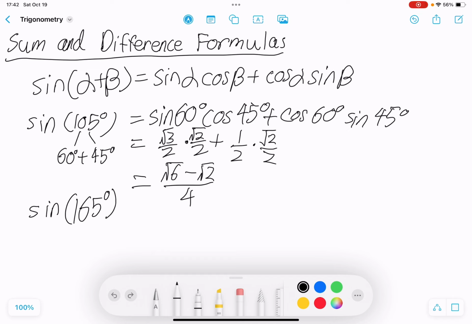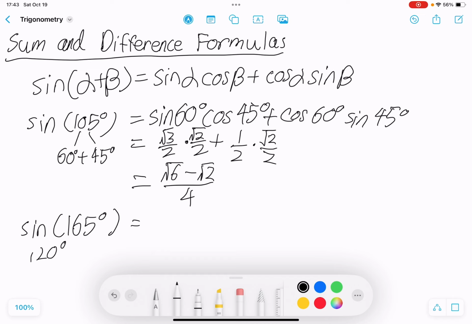Okay, so firstly we need to break down sine 165 degrees. Realize that 165 is 120 plus 45, and 120 is 60 plus 60.